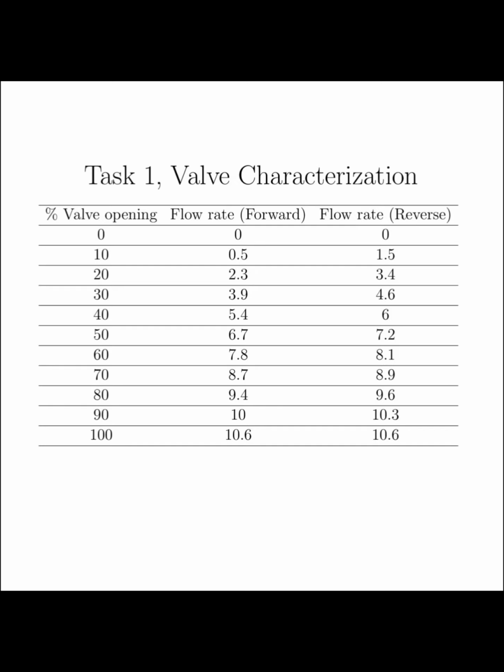Then we decreased the valve position from 100% to 0%, and again recorded the data in the reverse way. After completing all these steps, you have the collected data, and you can answer question 1 and plot the flow rate against the percentage of valve position in the forward and reverse ways. Now we can discuss the features of the valve, like nonlinear behavior or anything else, and you should explain what the graph shows.